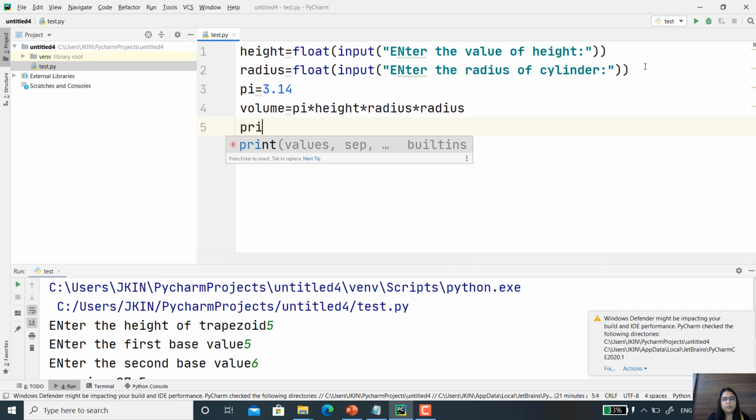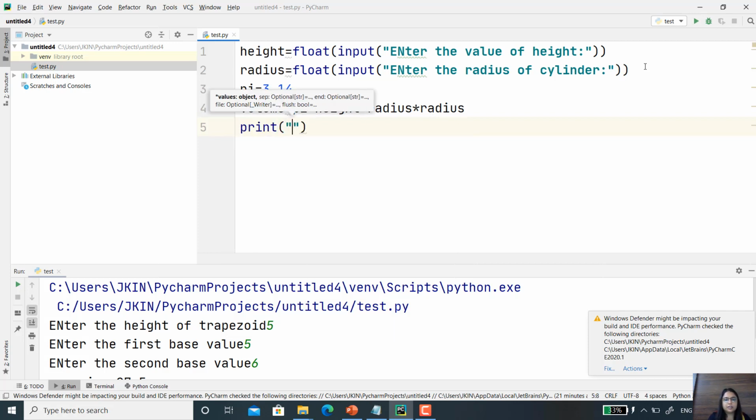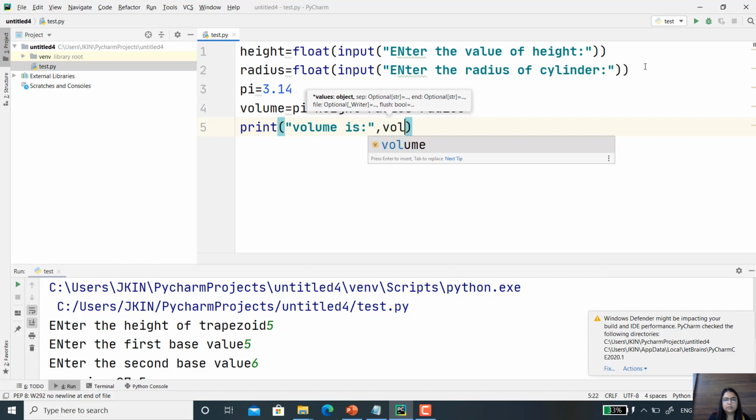Then we want to print the result, so print and one message, volume is, and then comma, the volume.